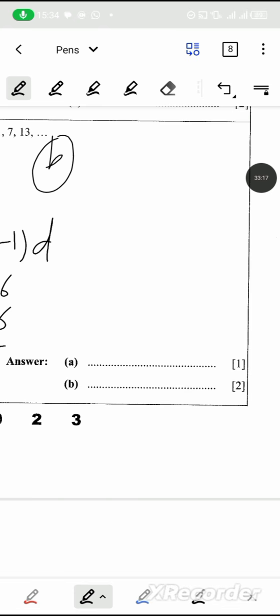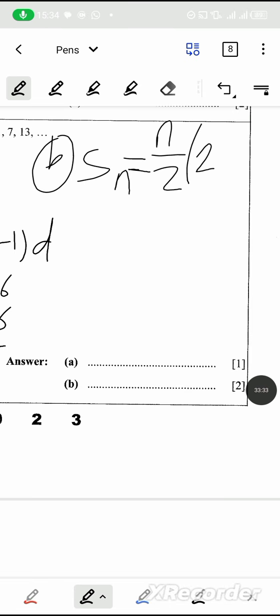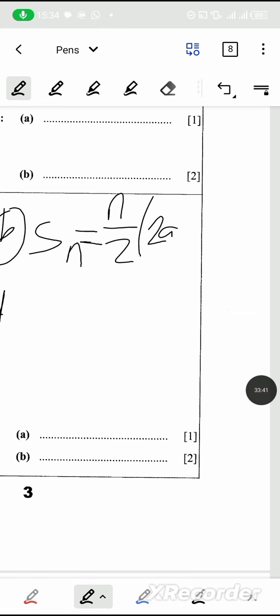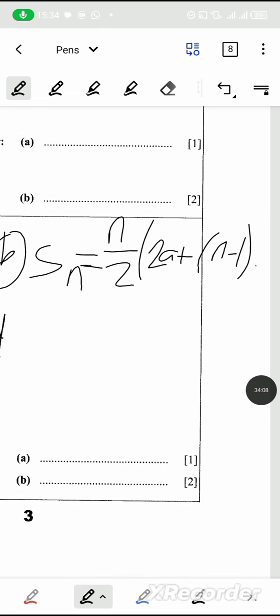Now we have to know the formula for the sum. The sum for anything will be S subscript n equals n over 2, open bracket, 2a, plus open bracket n minus 1, close, then we write D. So this is our D.